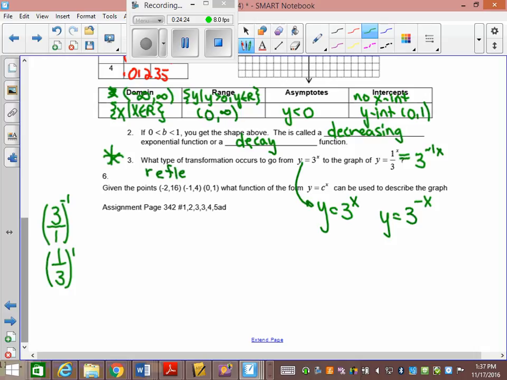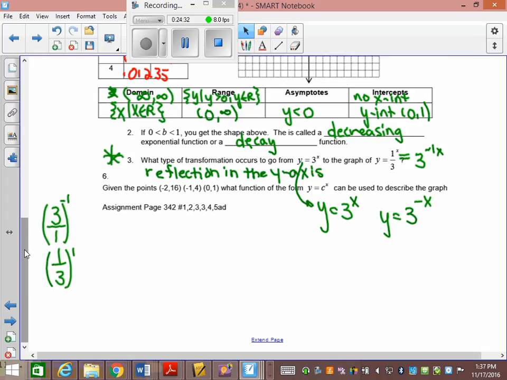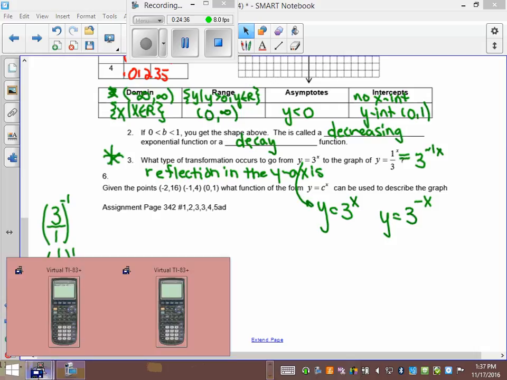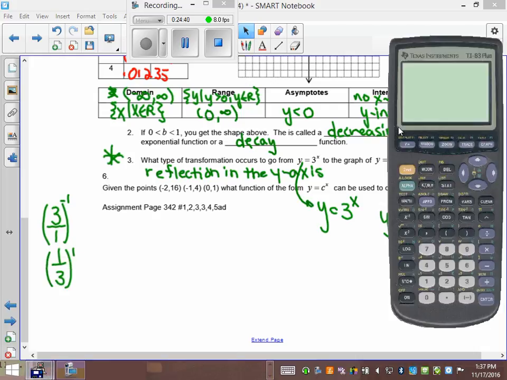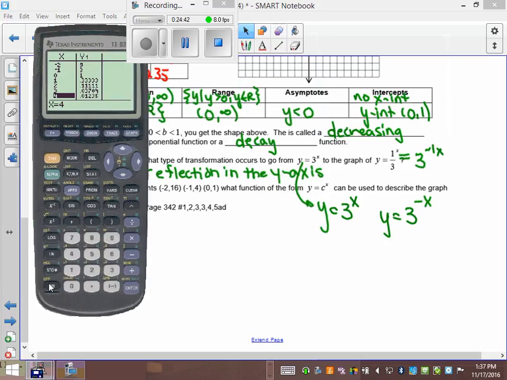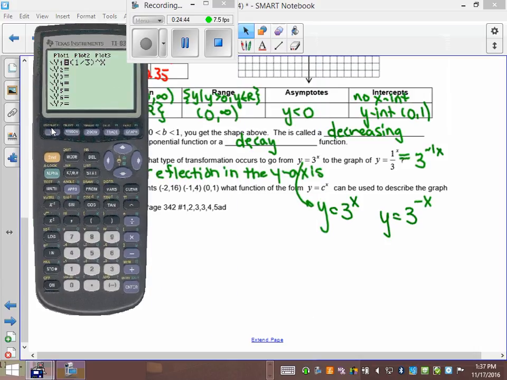You get a reflection in the y-axis. Let's prove it. (1/3) to the x and 3 to the power of x. Reflection in the y.